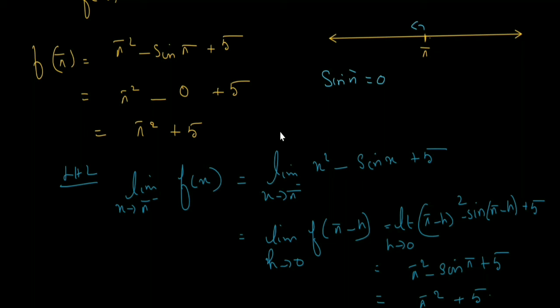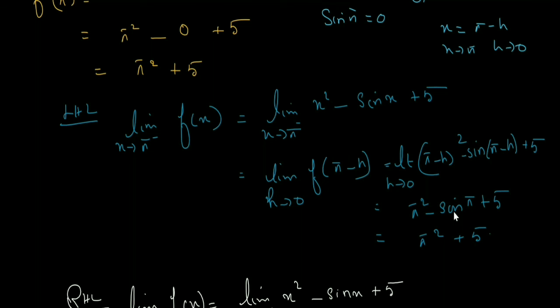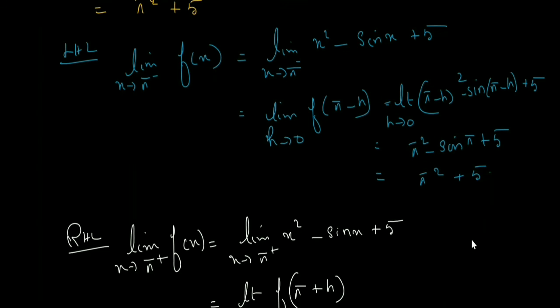As x approaches pi, h will tend to 0. So h tends to 0, replace x by pi minus h, the whole square, minus sin of pi minus h, plus 5. So it is pi square minus sin pi plus 5. Once again sin pi is 0. So pi square plus 5.